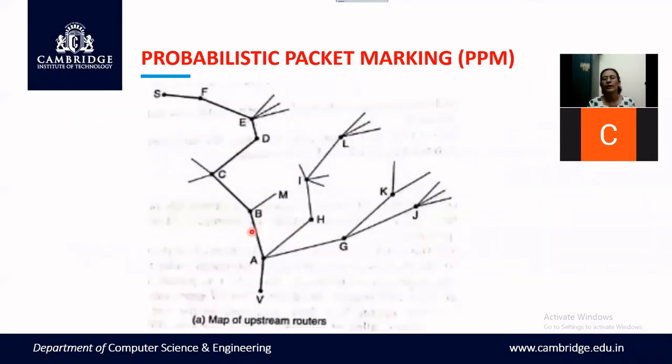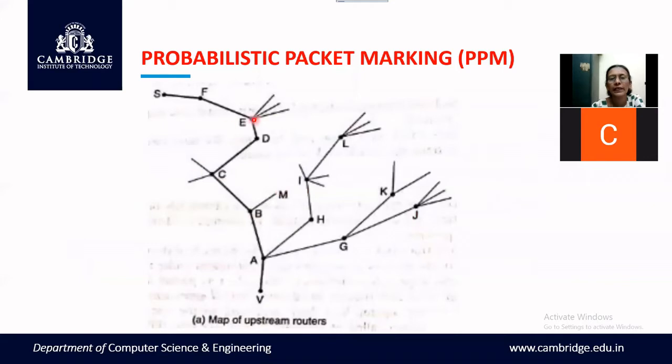Say, this is our network. A packet is moving from S. We are going to see packets that are moving from S along this path to B. It is assumed that every router has information about the upstream routers.